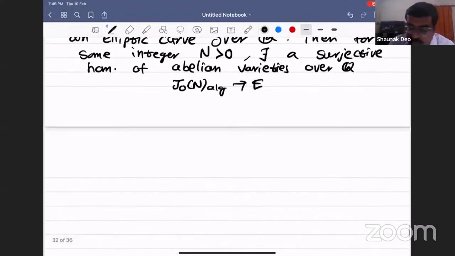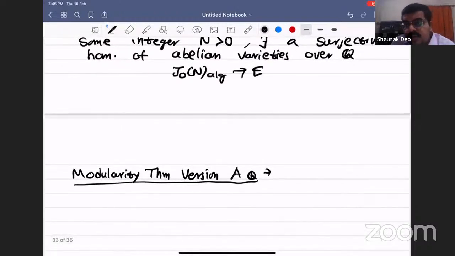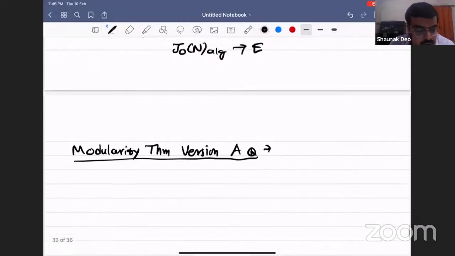And then similarly, I can define the modularity theorem version A_Q, which is the same version, but now for these abelian variety quotients of J_0.